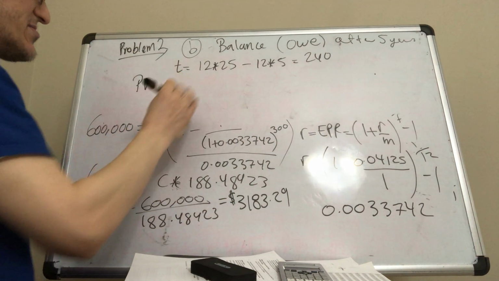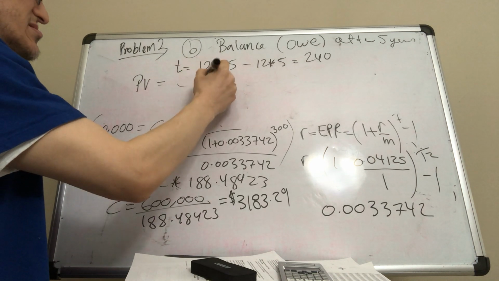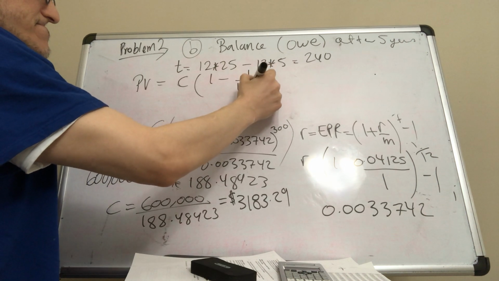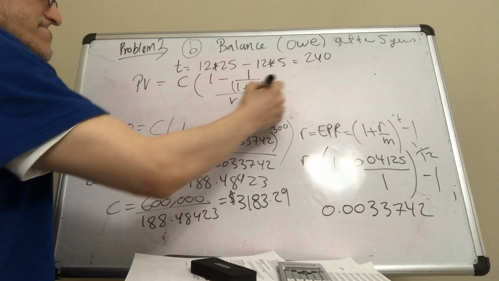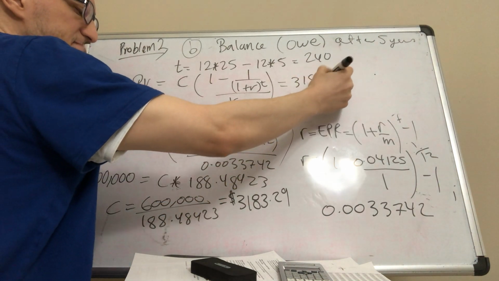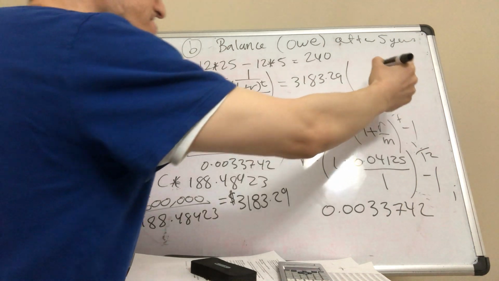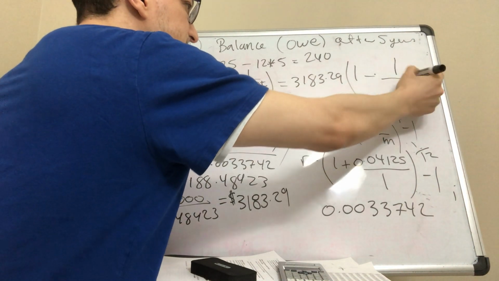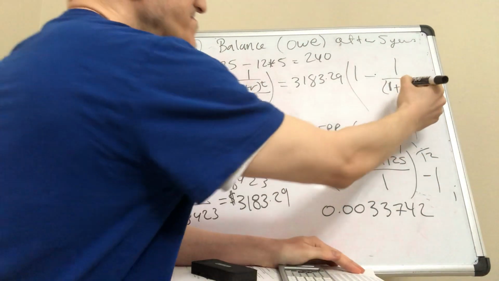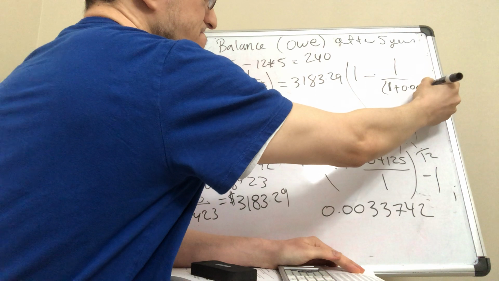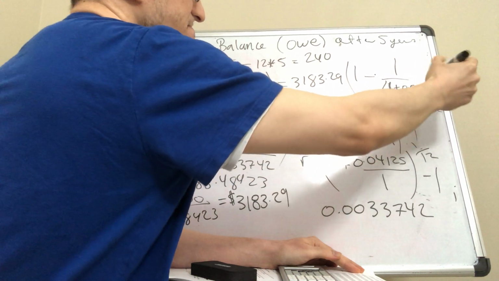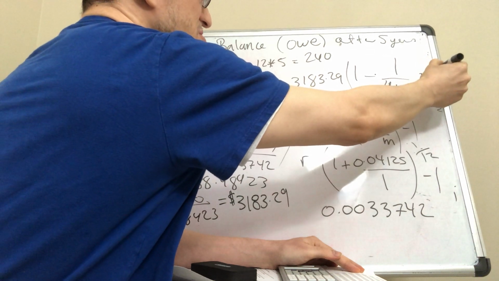So we need to figure out how much we owe the bank using this formula. We figured that this is 3183, and this is the R. And the T is 240.